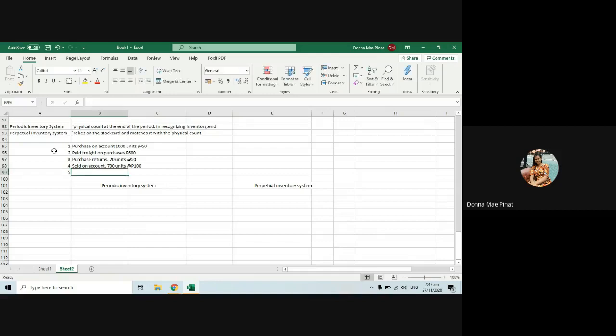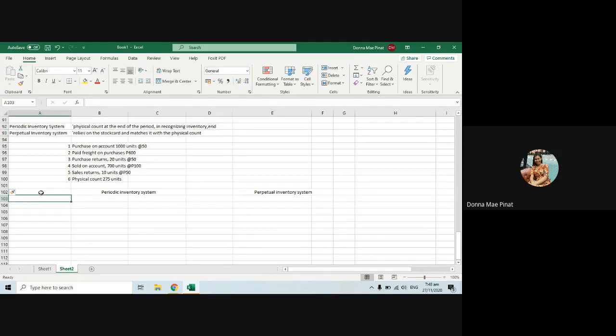Fifth, physical count. Okay, so ato ni siyang i-try og record for inventory periodic versus perpetual.